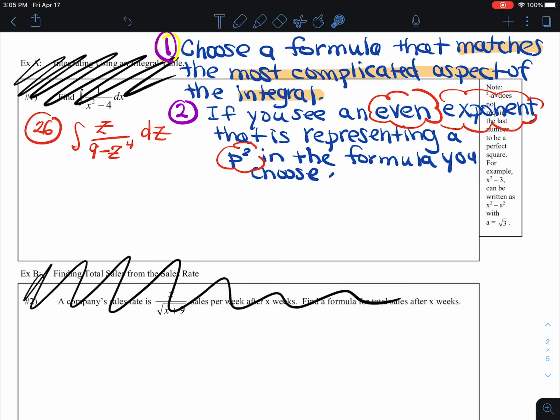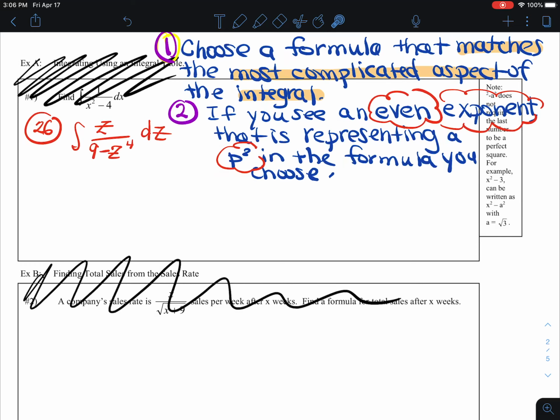And so what we're going to try to do when we're looking through the list of formulas is pick a formula that we feel is matching the most complicated aspect, which for us is the denominator. Now, you might be thinking, great, but as you look at the list of formulas, there is no formula that has an exponent like a p to the fourth.